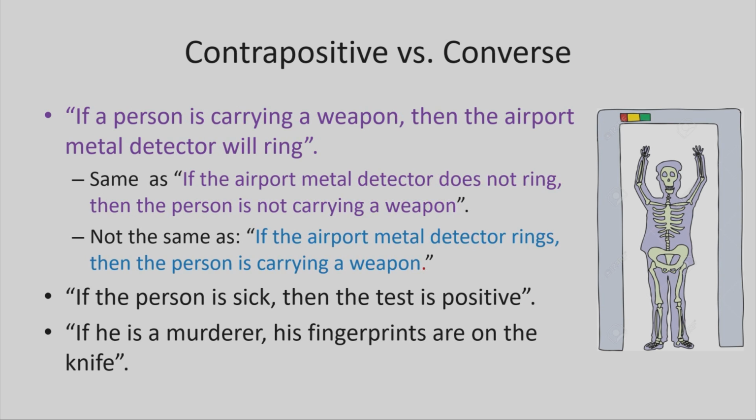Here's another very common example. Suppose somebody has a bad cold and they want to figure out if they have a flu. And they go and they take this test, and they hear, if you're sick, then the test will come out positive. Well, okay, that's good.